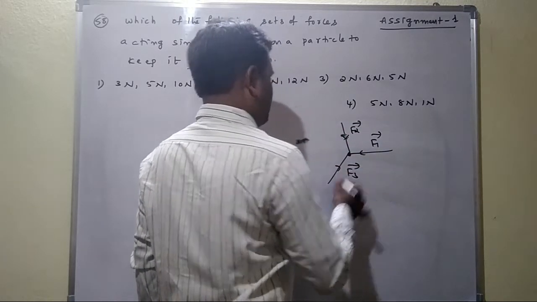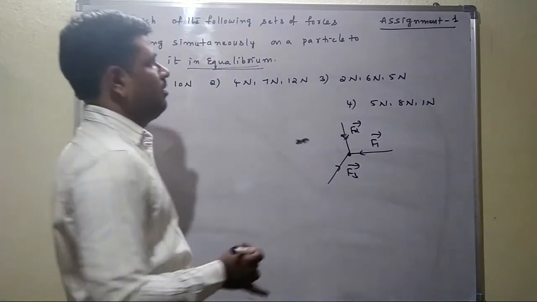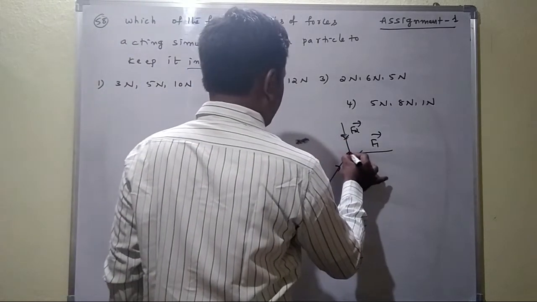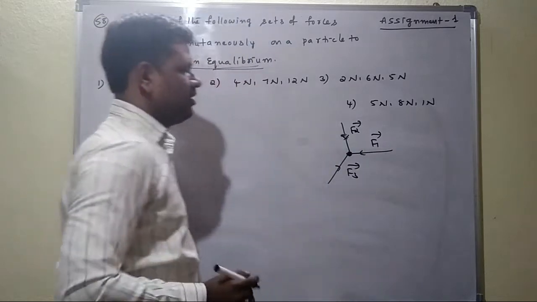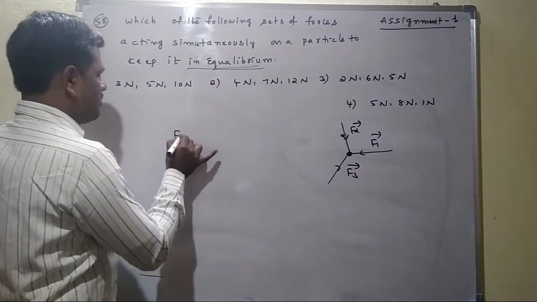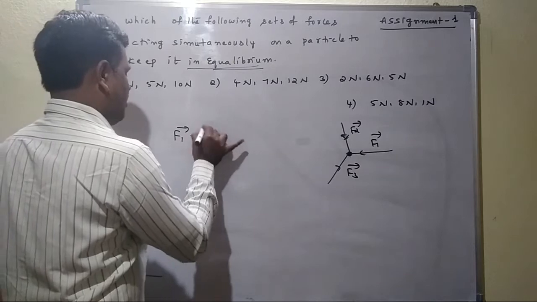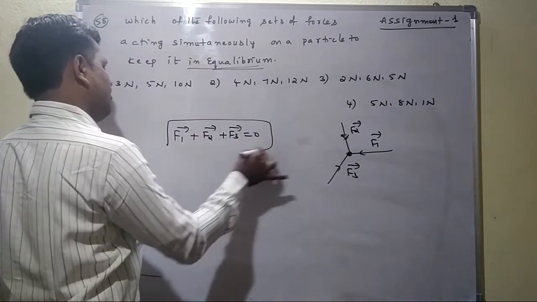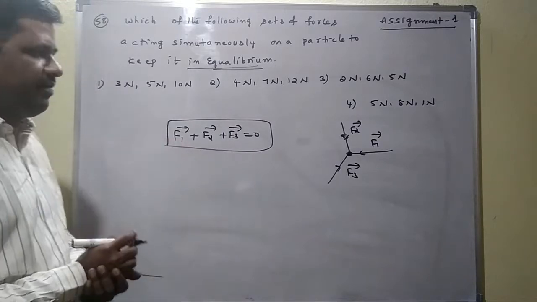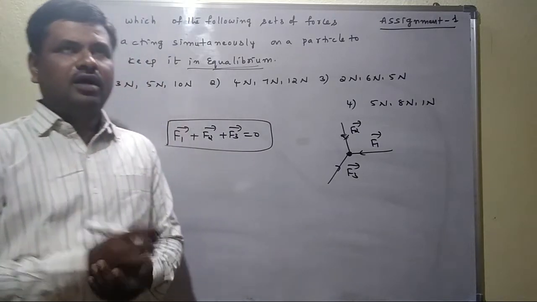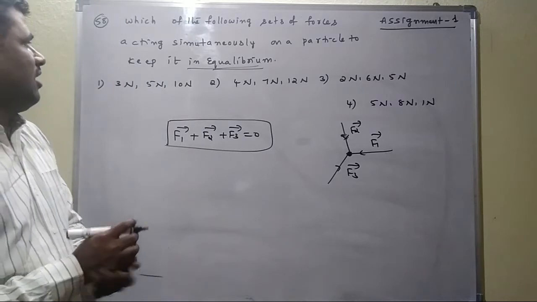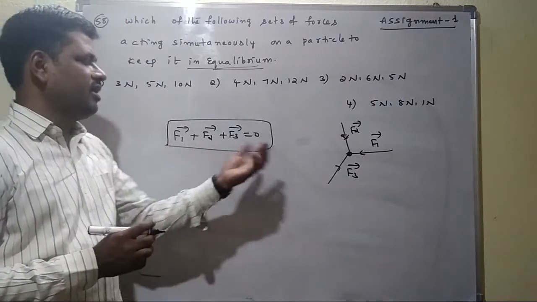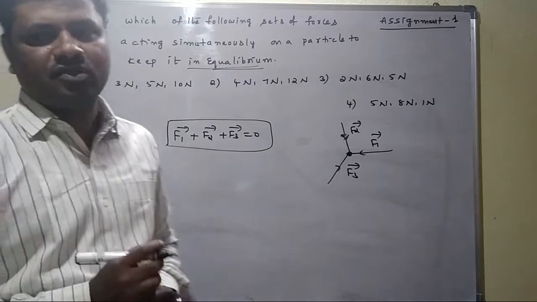The condition to keep the particle in equilibrium is that the net force is 0, meaning F1 bar plus F2 bar plus F3 bar is equal to 0. This is the condition for equilibrium of forces.